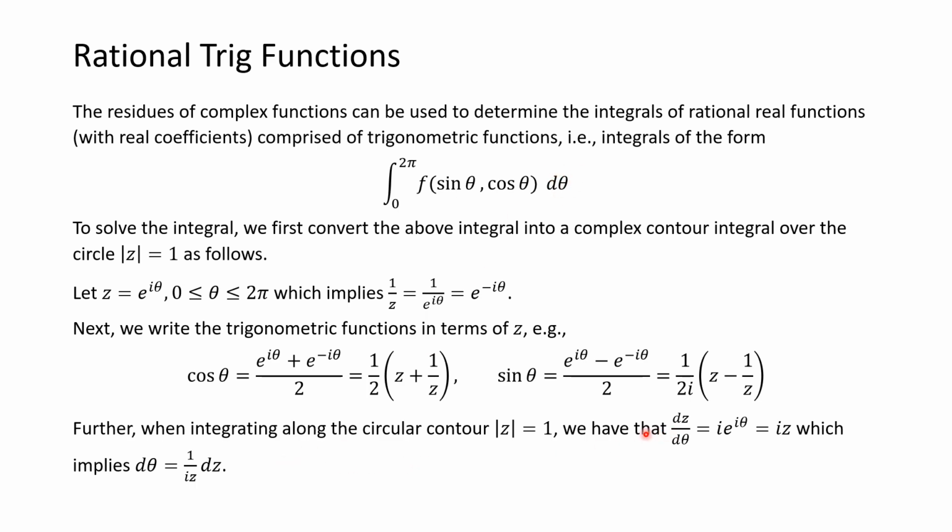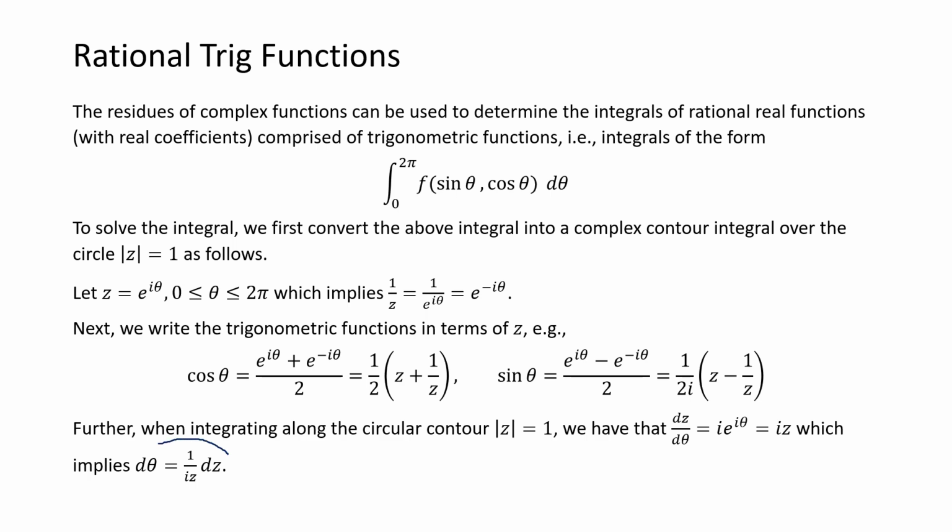We have the derivative of z with respect to theta, which using the chain rule is i e to the i theta, which is i z. We can rewrite that, bringing the d theta onto the right, and then dividing by i z, we get 1 over i z dz equals d theta. So we're going to need this. Let me circle these.